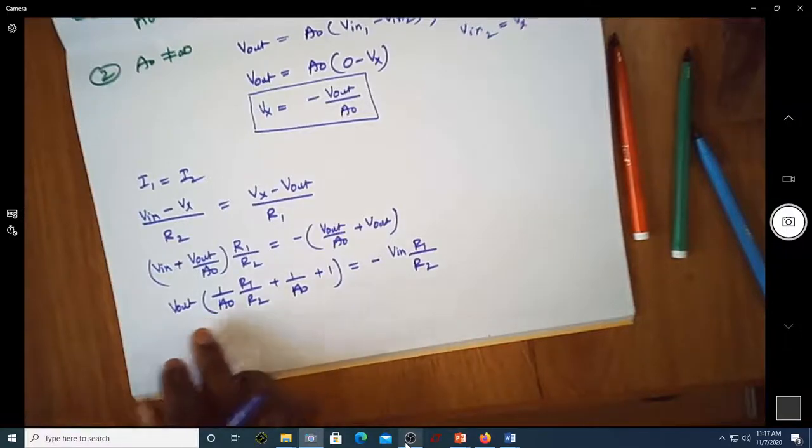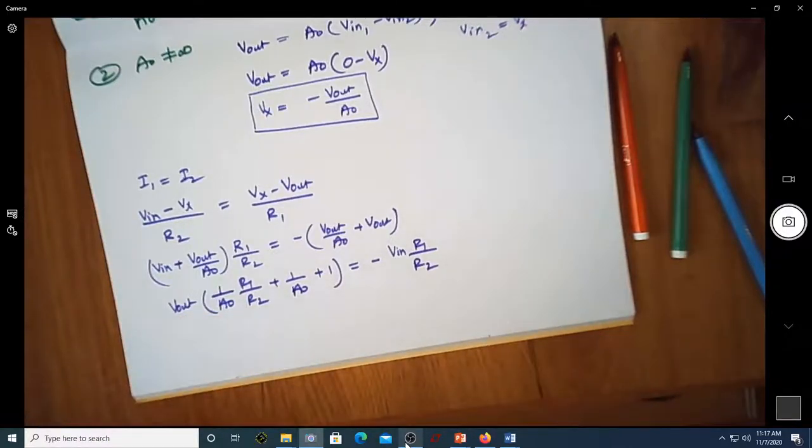This is a small arrangement, making V out on the left hand side and V in on the right hand side.